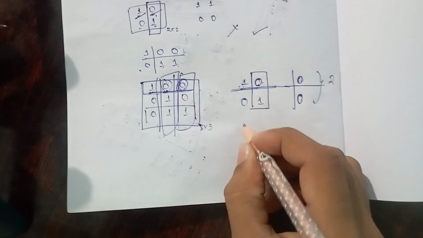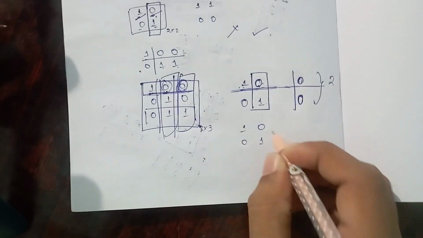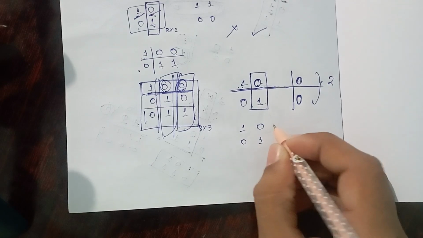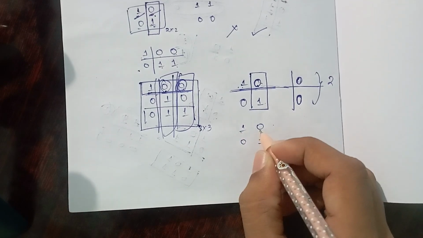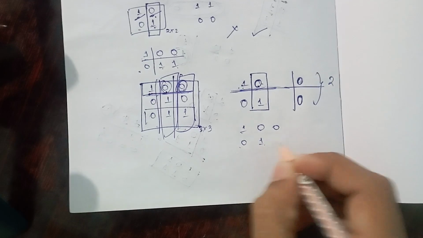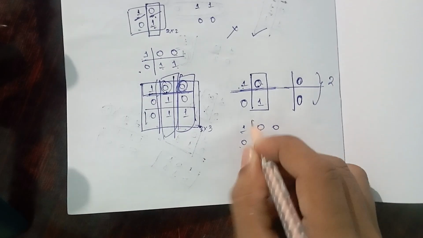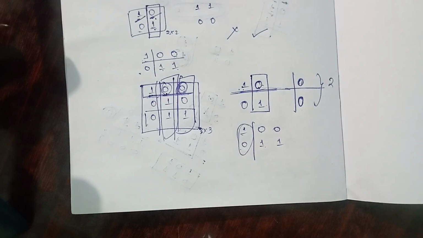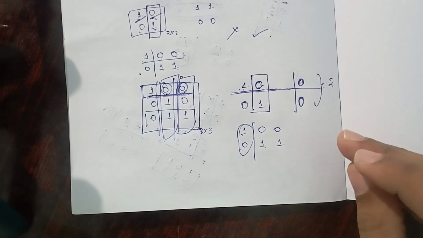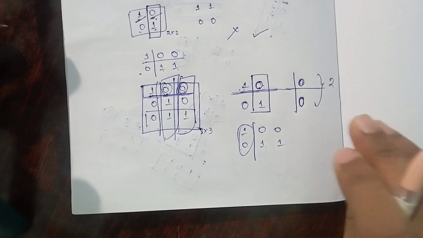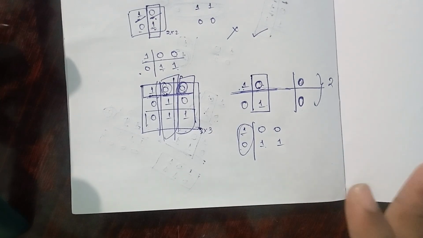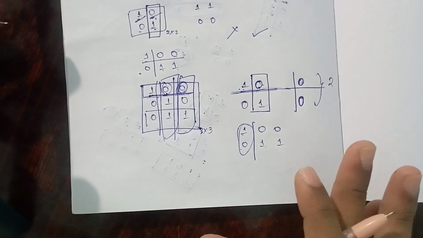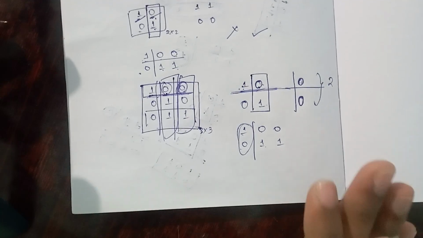Imagine we have another row like this, like 1 0 0 0 1 1. If you flip these two or this one, we are not asked how many maximum flips or minimum flips. We need to flip any number of columns to make the maximum number of rows equal.